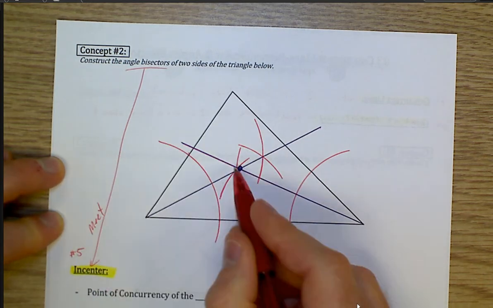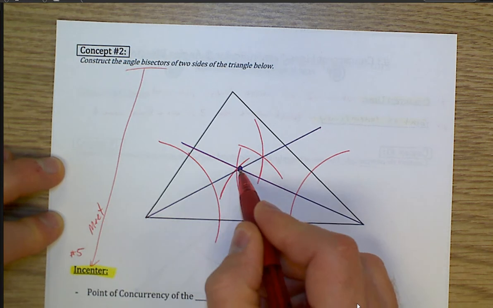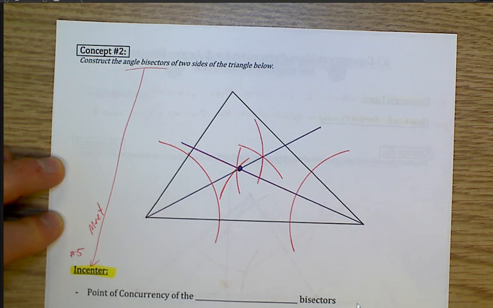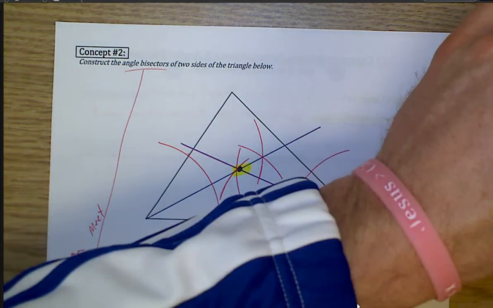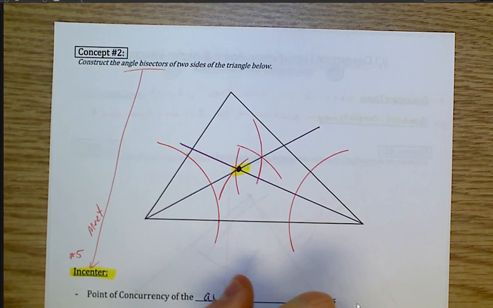This point right here, where your angle bisectors in blue meet, is called the incenter, okay? And that has some properties, just like what we did on the front. We're going to talk about those next. So our point of concurrency of the angle bisectors is called the incenter.